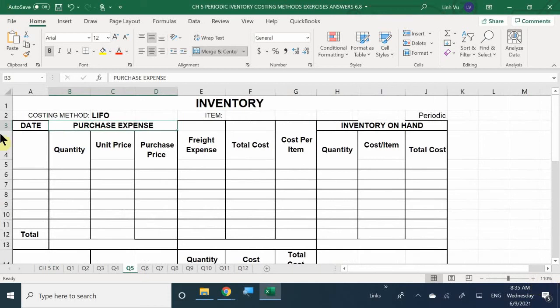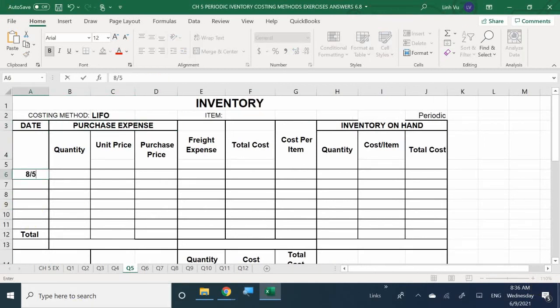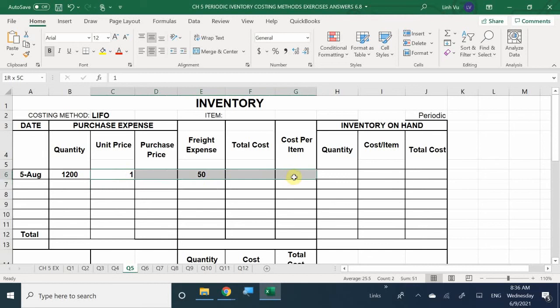So August 5th, we bought 1,200 units at $1 each with the freight costing $50. Also this time I'm going to be dropping the colors, so we'll be able to solve it this way.